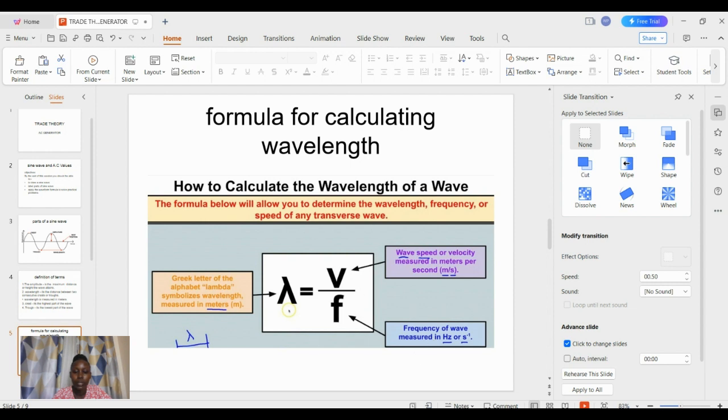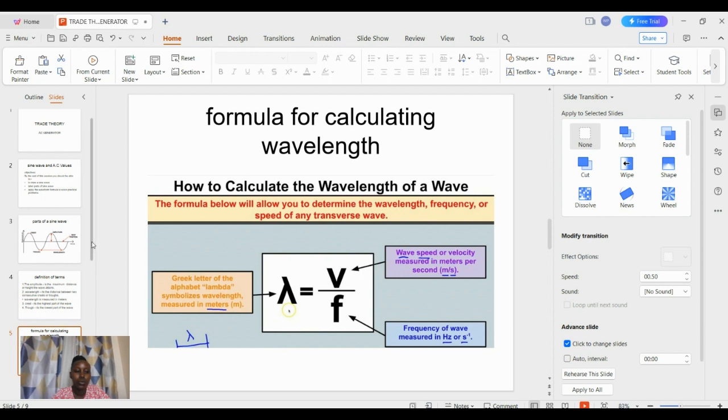And frequency is measured in hertz, if you can recall from the previous unit, where we were discussing electrical quantities. So wavelength is abbreviated as lambda, which is given by velocity or the speed of the wave divided by frequency.